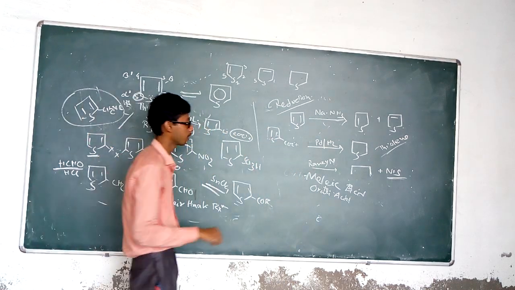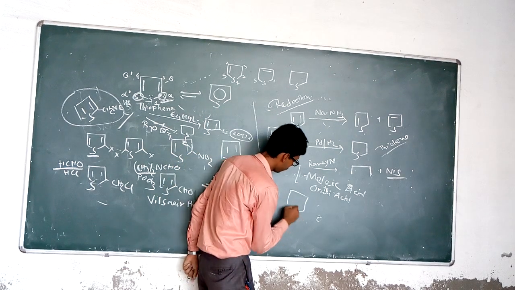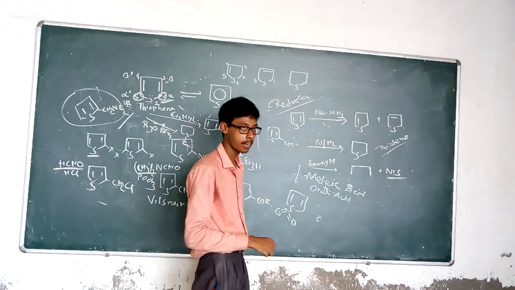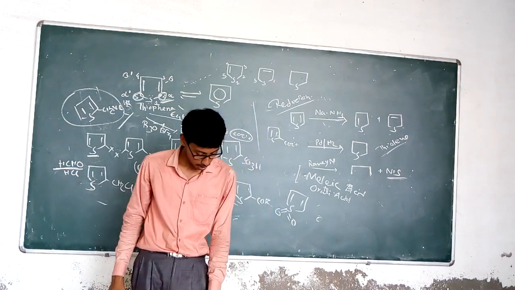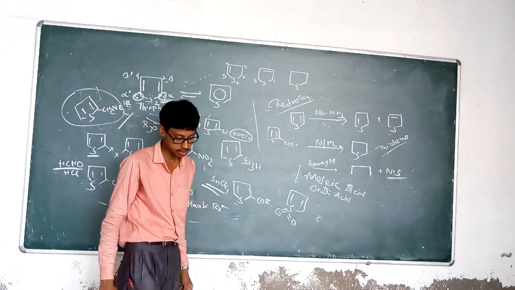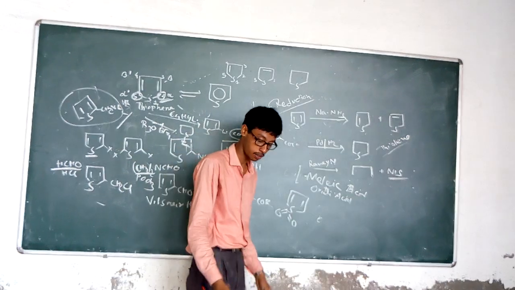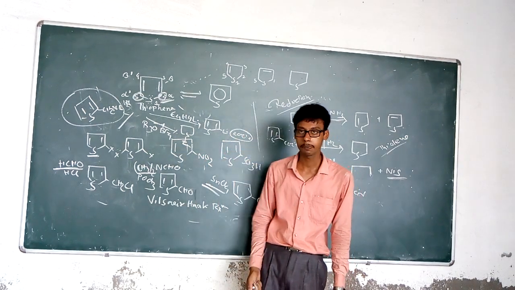When oxidized with a strong oxidizing acid, it forms thiophene 1,1-dioxide. This is all about the reduction and oxidation of thiophene, which is also important in this chapter.